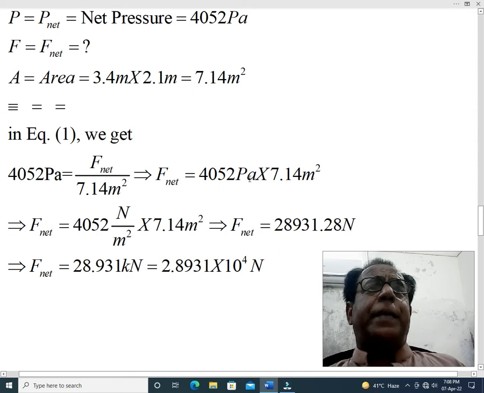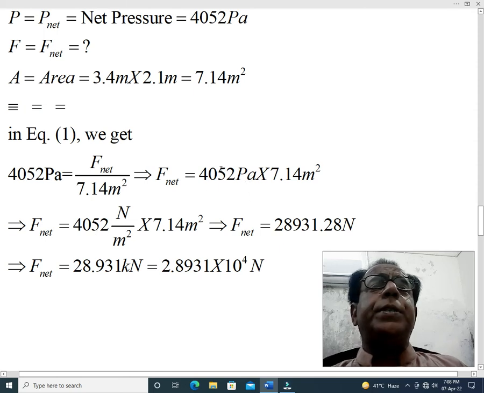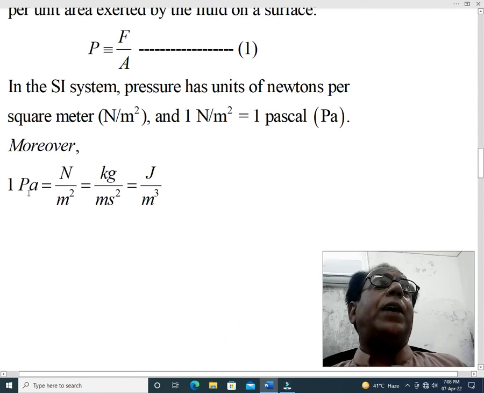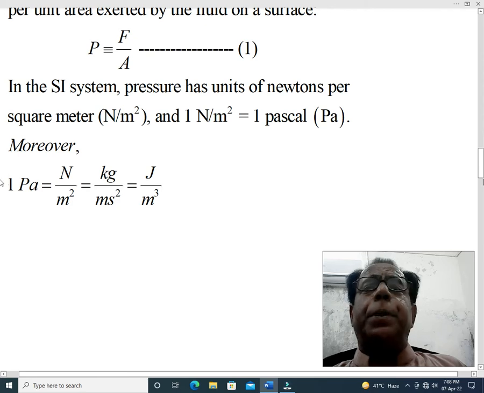In place of Pascal, we have used its alternate expression, that is Newton per meter square, because we know that 1 Pascal is equal to 1 Newton per meter square, and alternatively Pascal equal to 1 kilogram per meter second square.